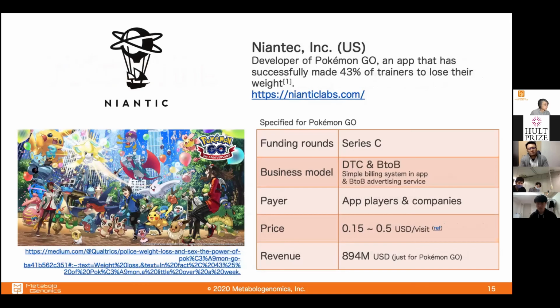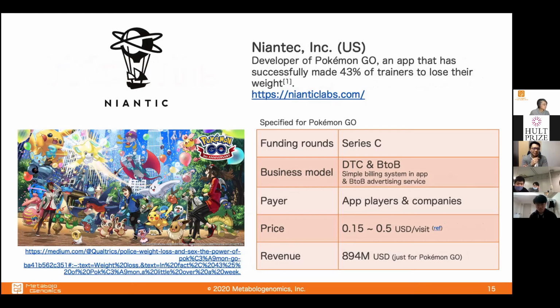And when we speak about behavior changing, of course, I should also mention Pokemon Go, developed by Niantic. This application has successfully made 43% of trainers lose weight. So this is a tremendous application in terms of obesity problem solutions.